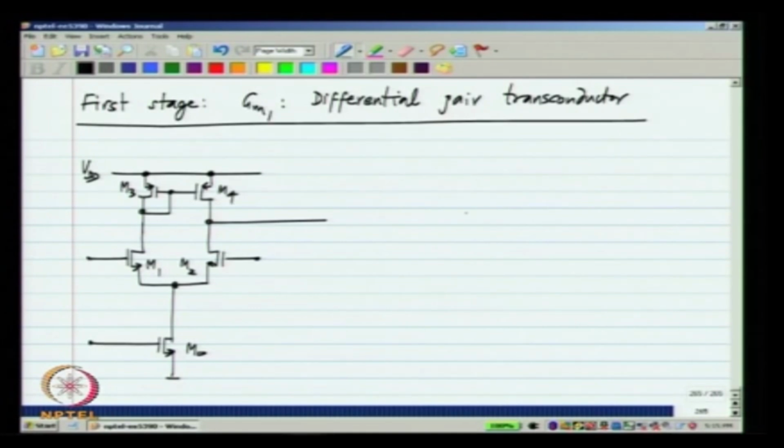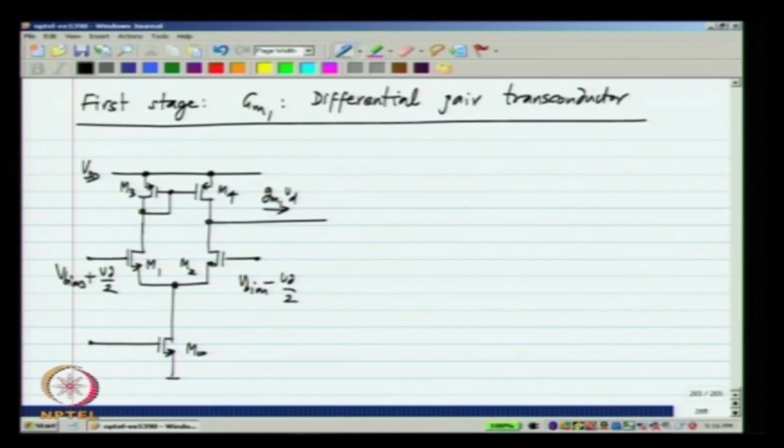This is what we had and this is GM1. We know that if we have V bias plus Vd by 2 and V bias minus Vd by 2, there is a current GM1 Vd that tends to flow out if there is some proper termination on this side.